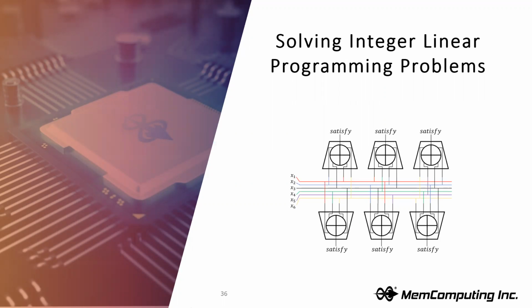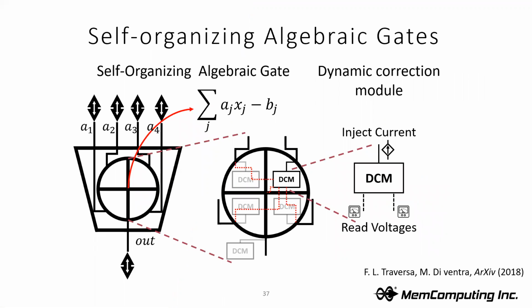Then, just to give a broader overview of MemComputing, let me also discuss how you can use it to solve not just satisfiability problems, but more general problems like integer linear programming problems. Probably everybody knows what they are.